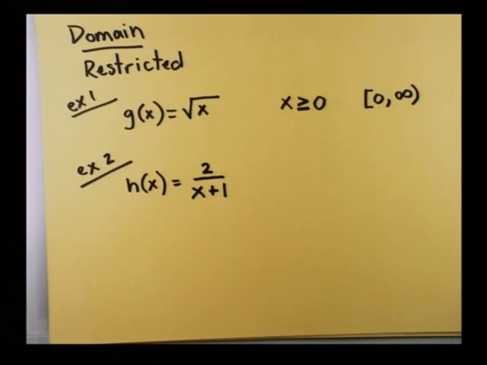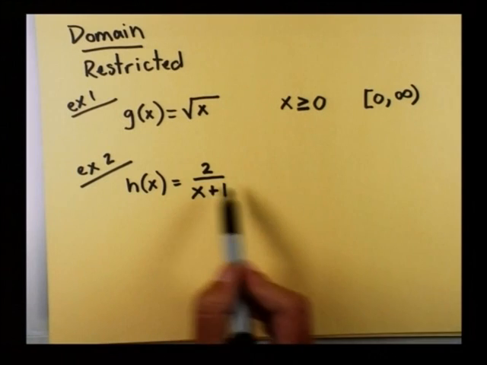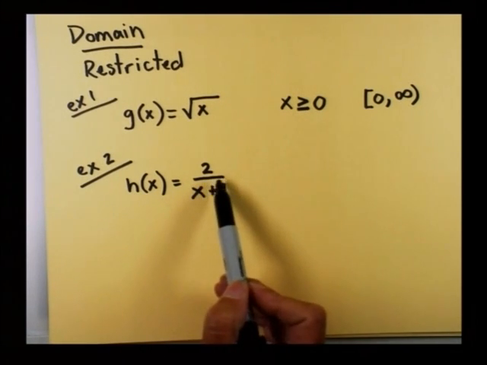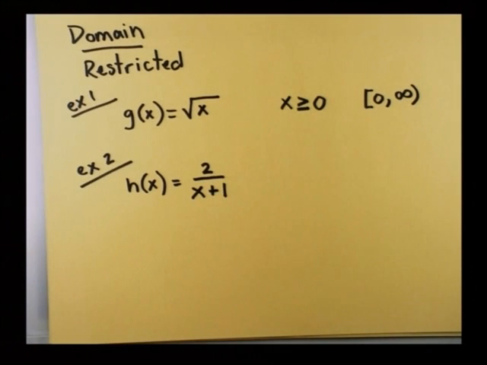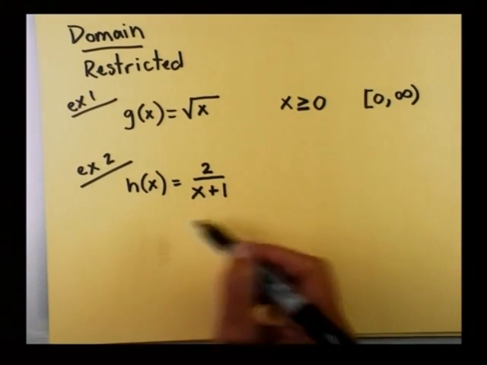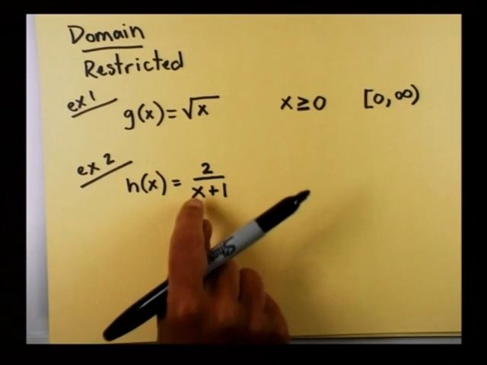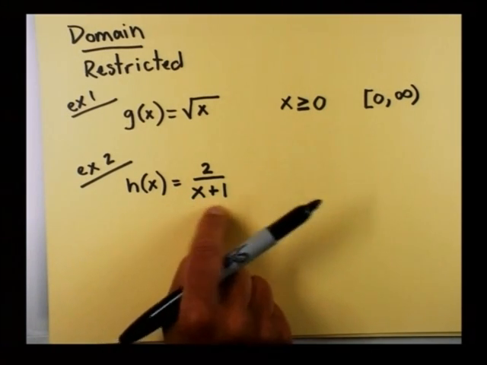So in a problem like this, we know that when we're dealing with rational functions and rational expressions, we cannot have a 0 in the denominator. So this is another place where we're going to be restricted. We can't allow zeros in the denominator, so we're going to have to tell people not to put numbers in for the x that would give us a 0.